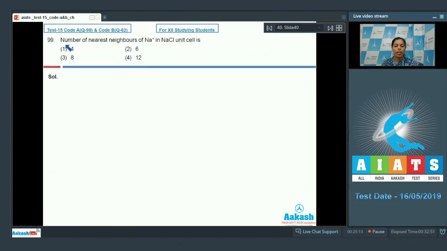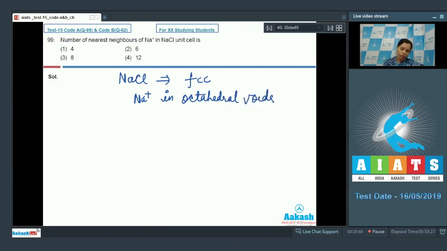After this we have question number 99. Number of nearest neighbors of Na+ in the NaCl unit cell. If I talk about the NaCl unit cell, it is an FCC lattice, a face centered cubic unit cell. In this case, Cl- ions are present at the lattice points and Na+ ions are in the octahedral voids.